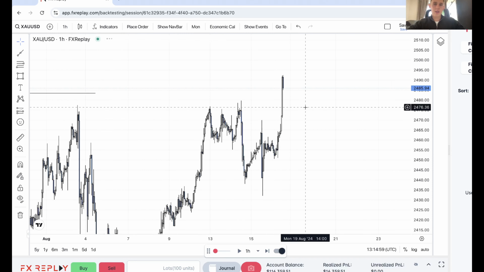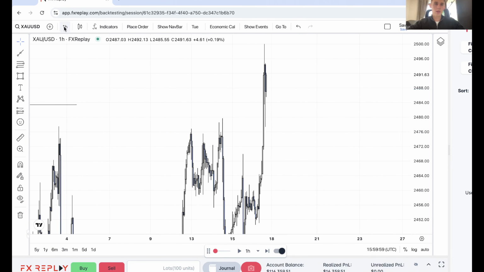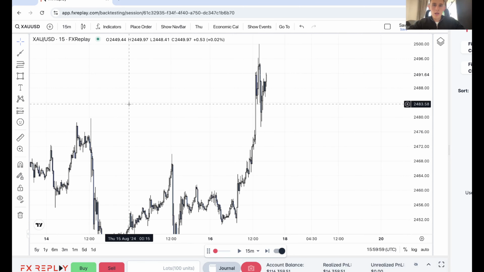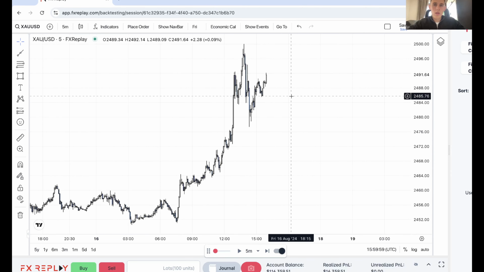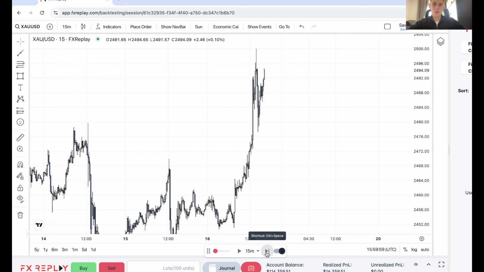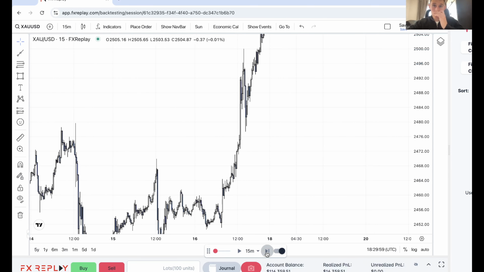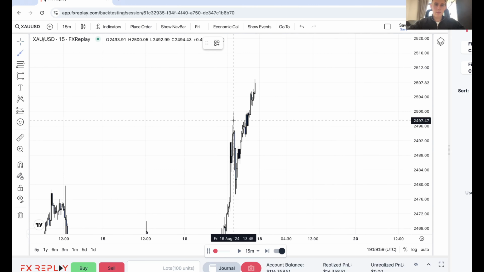Not currently seeing too much, so let's just play price a little bit more. Yeah, still not seeing much. Let's play it on a little bit. Okay, so this could be a nice setup.